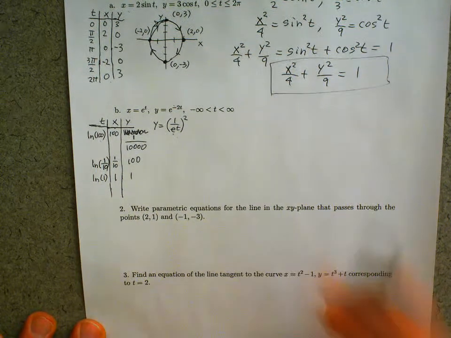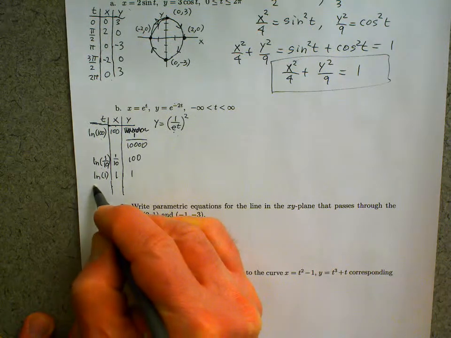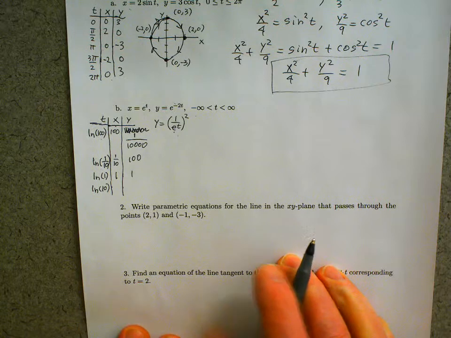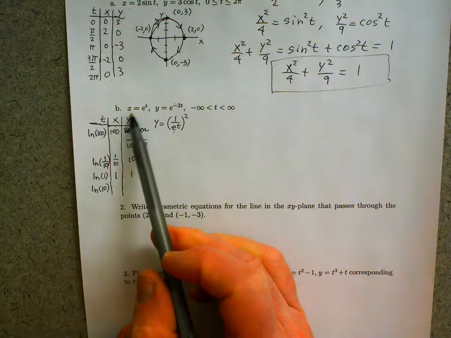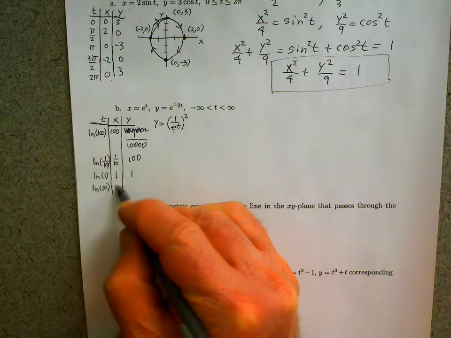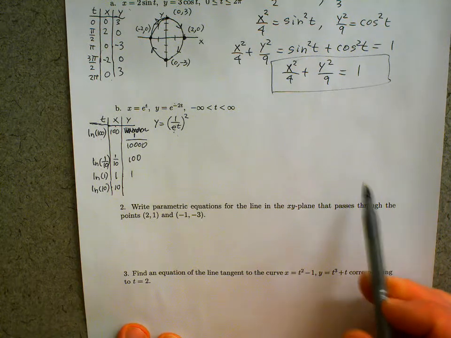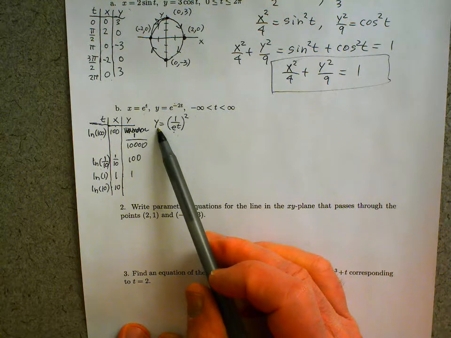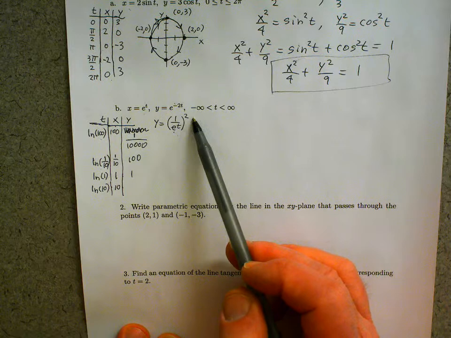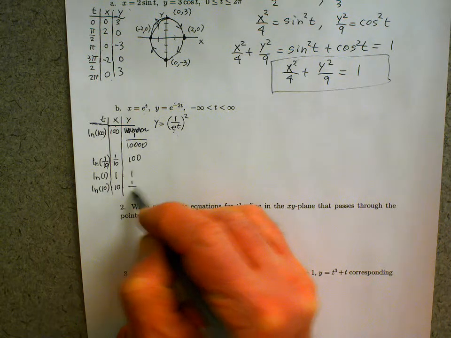Okay, one more point. If t is the natural log of 10, then the x-coordinate is e to the natural log of 10, or 10. And the y-coordinate, 1 over 10 squared, is 1 over 100.